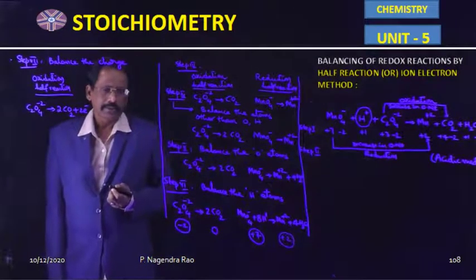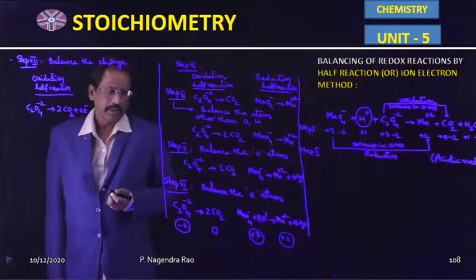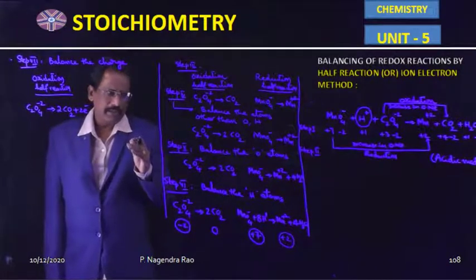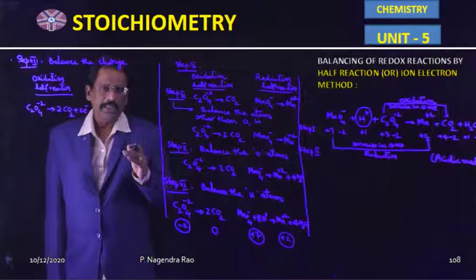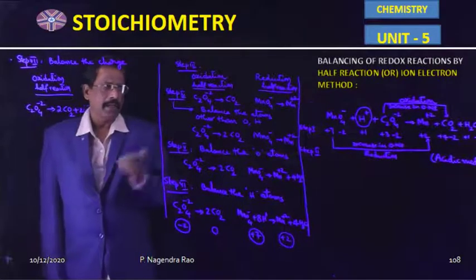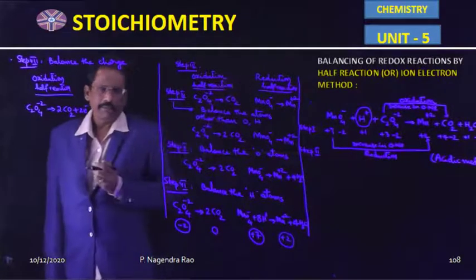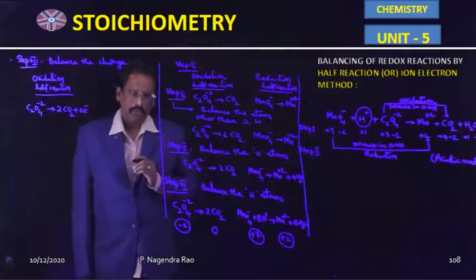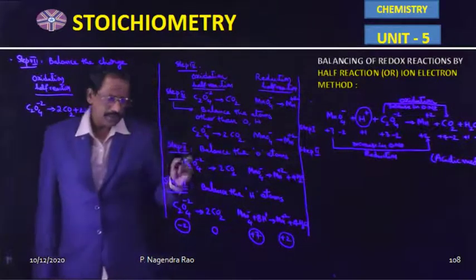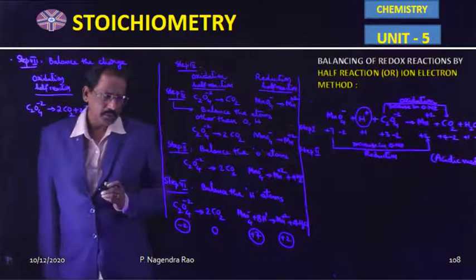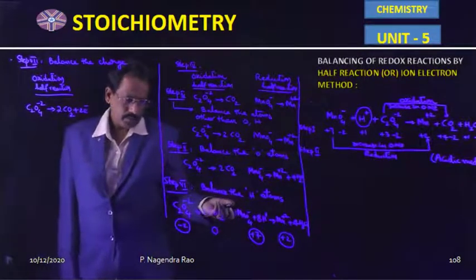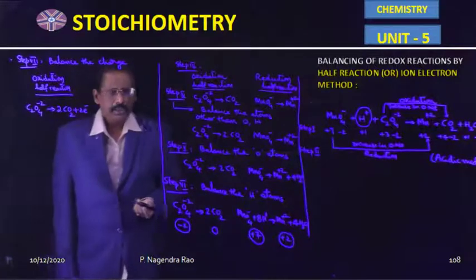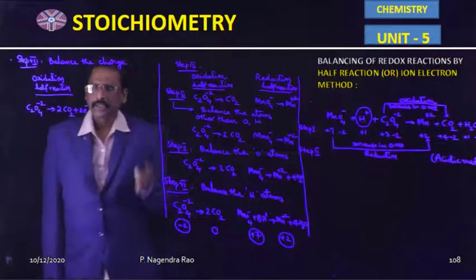So in the reduction half reaction, add the required number of electrons to the reactant side, because gaining of electrons is known as reduction process. So plus 7 is equal to plus 2 by adding 5 electrons in the reactant side.